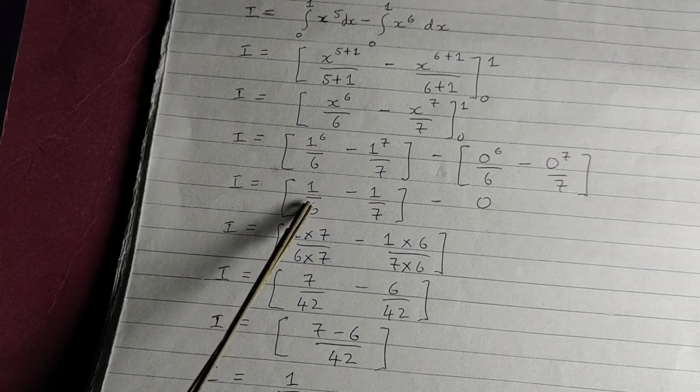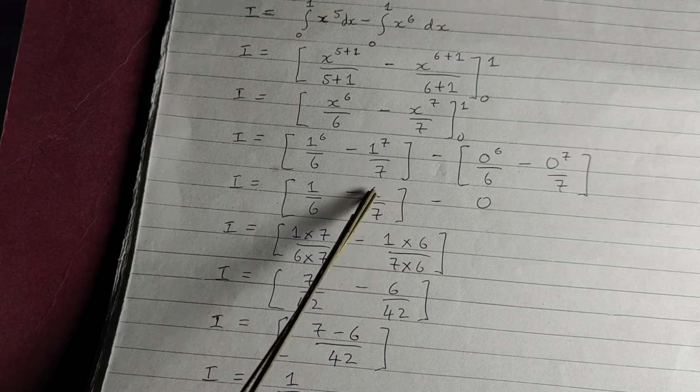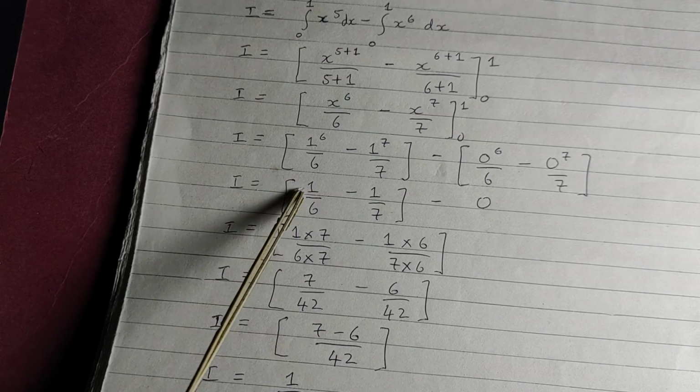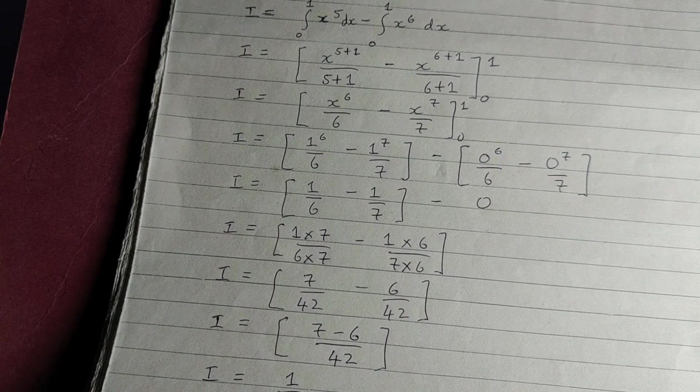1 raised to any power would be 1 itself. So 1 raised to 6 is 1 and 1 raised to 7 is also 1. So we get 1 divided by 6 minus 1 divided by 7. Now we need to take the LCM.